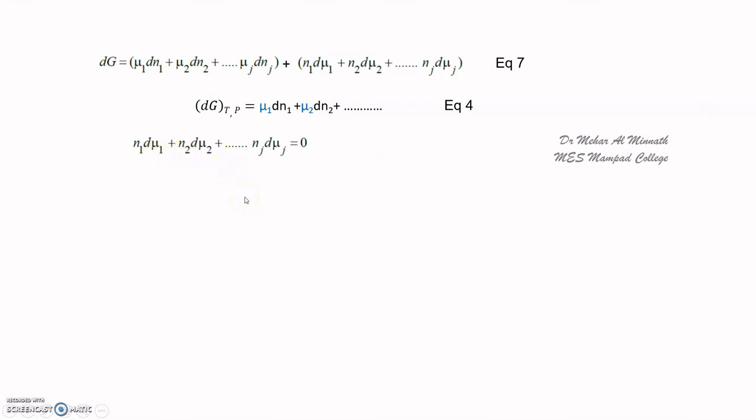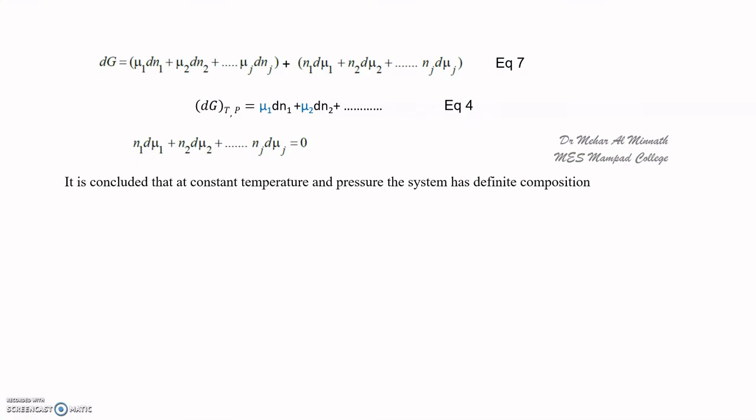Now this concludes that at constant temperature and pressure, the system has definite composition. So you can put it as summation Ni d mu i equals 0. That is, this whole cluster will be equal to 0. Now this expression is called the Gibbs-Duhem equation.